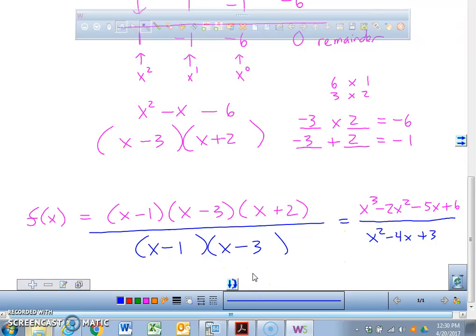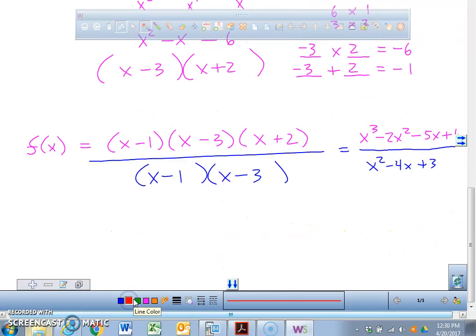So, everybody, let's get our red pen out, and what do we need to do? Mark things out. What can we mark out? x minus 1. x minus 3. Now, whenever you do this process, what have we just found? We have found holes. Not the movie.